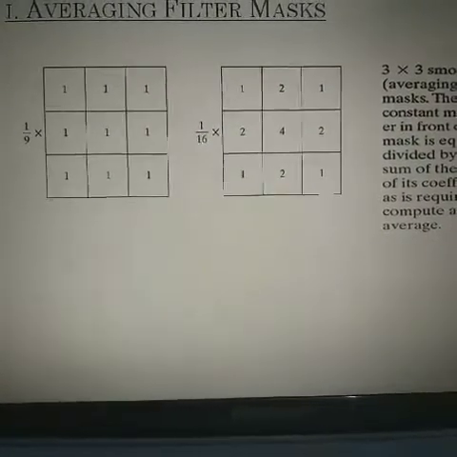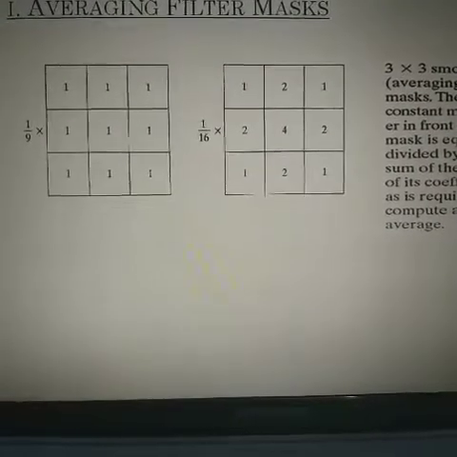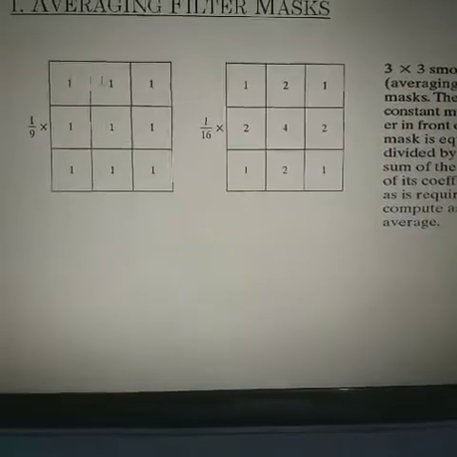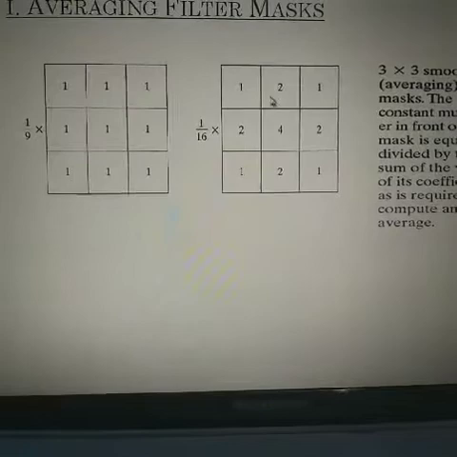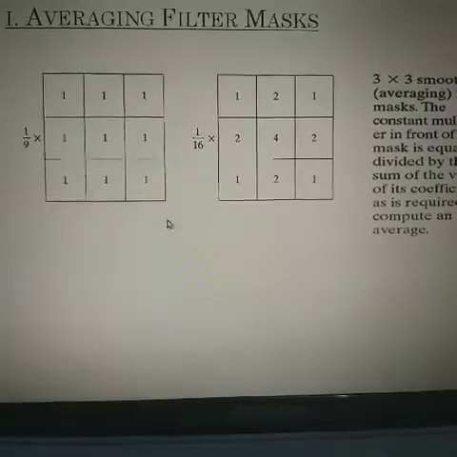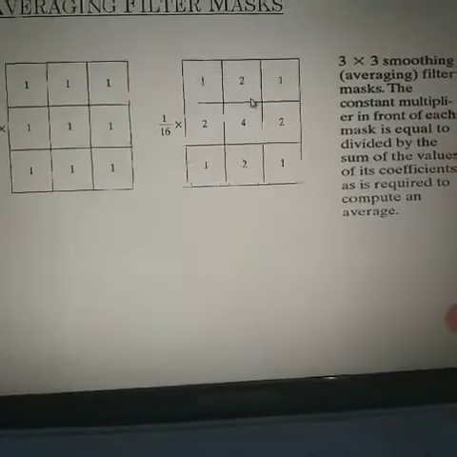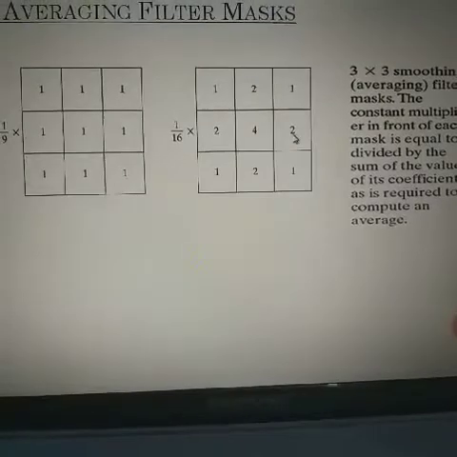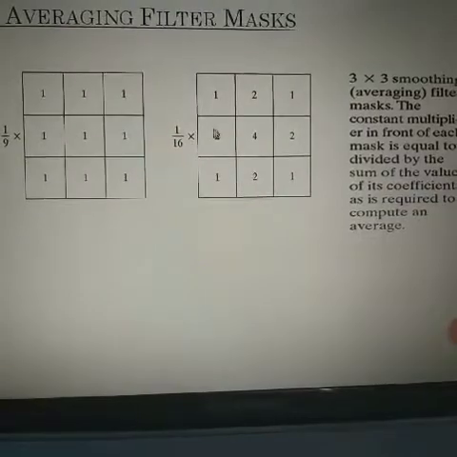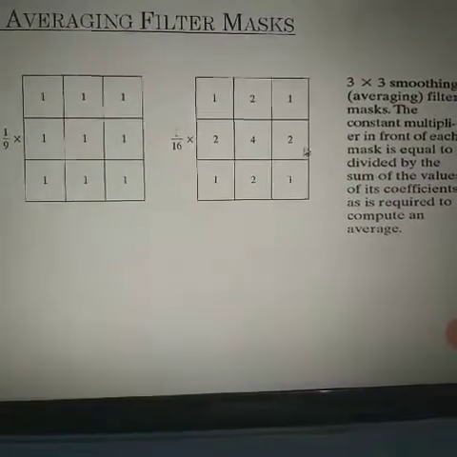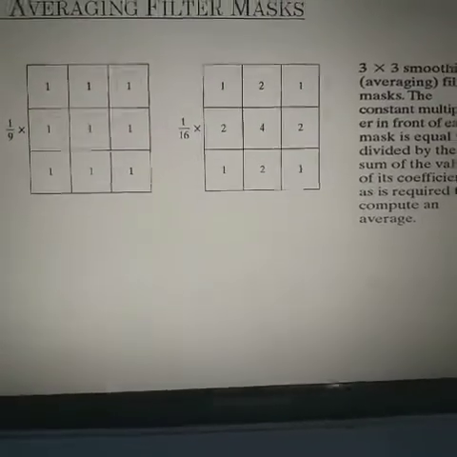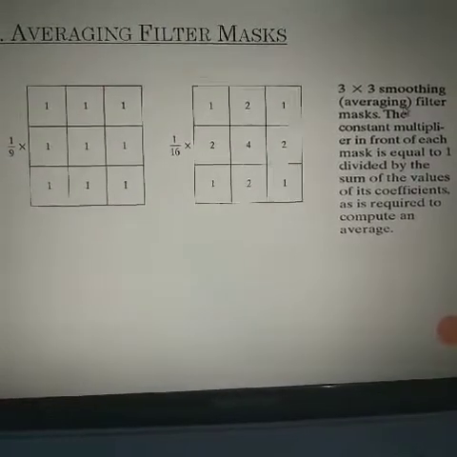Total size is 9, so we divide each gray level by 9. Another way is to add each intensity value, each gray level value: 1 plus 2 is 3, plus 1 is 4, 5, 6, 10, 12, 13, 14, 15 and 16. So divide by 16. So 3 by 3 is the smoothing averaging filter mask.